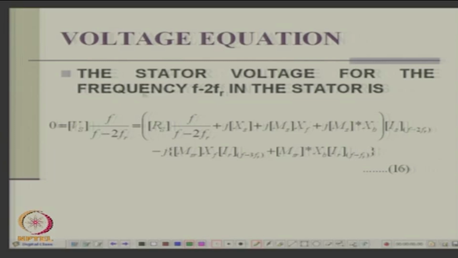Now, the stator voltage for frequency F minus 2 Fr in the stator will be given by this voltage equation, which is for the stator frequency.